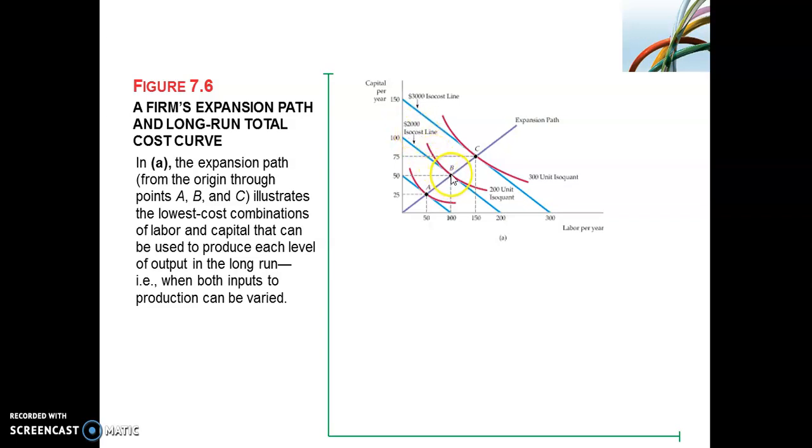So at that point, that is the cost minimizing point, with the combinations of inputs being 50 and 100 units respectively.